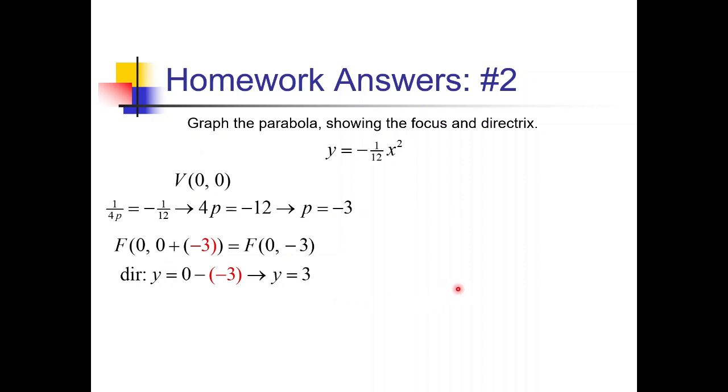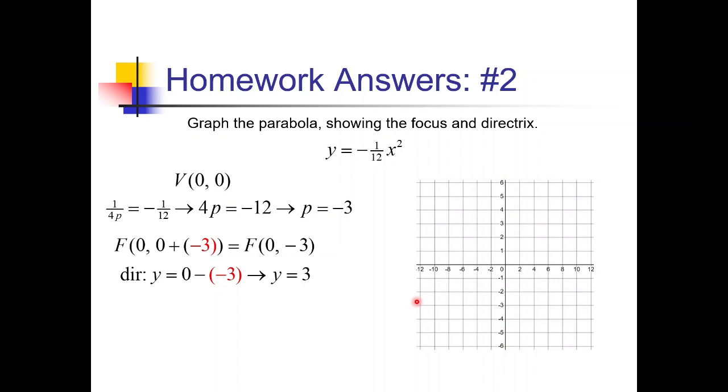Now I have enough information to graph this. I have my vertex at 0, 0 right there. And for the focus, we are at 0, negative 3 down here. And finally, for the directrix, we have y equals 3, a horizontal line through 3, going this way.